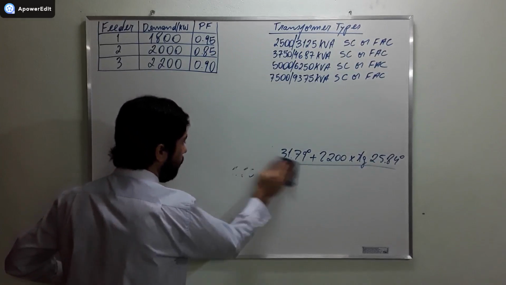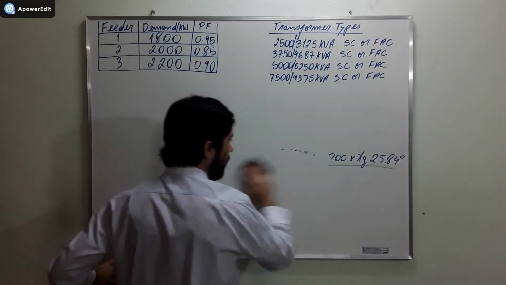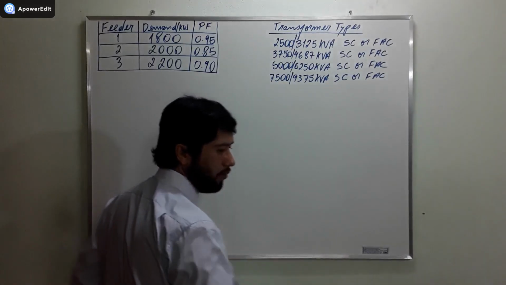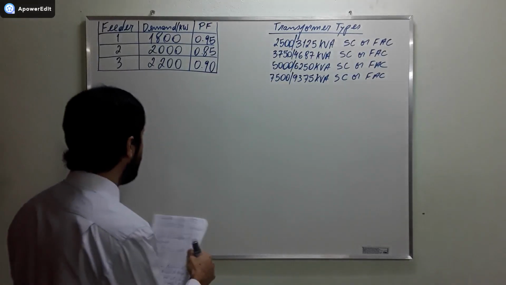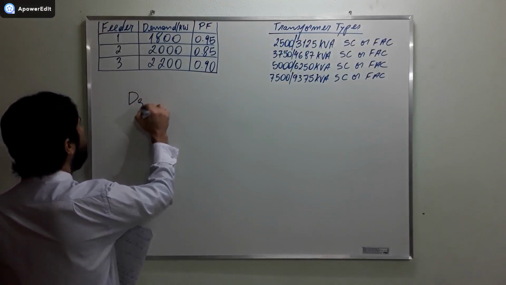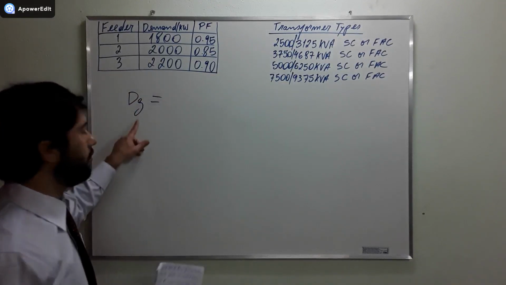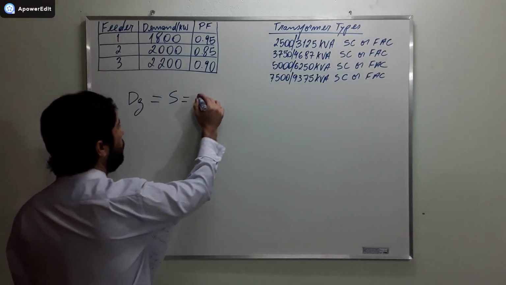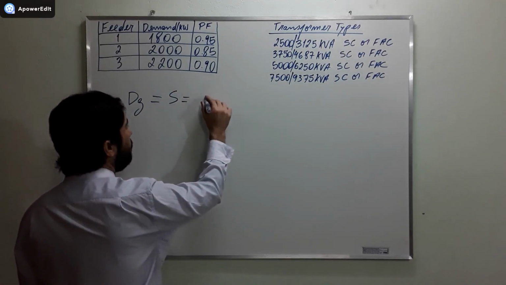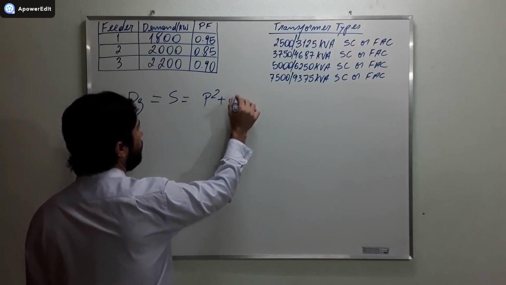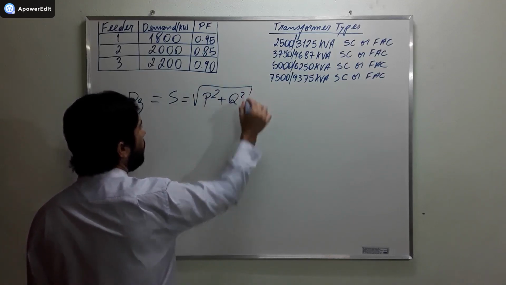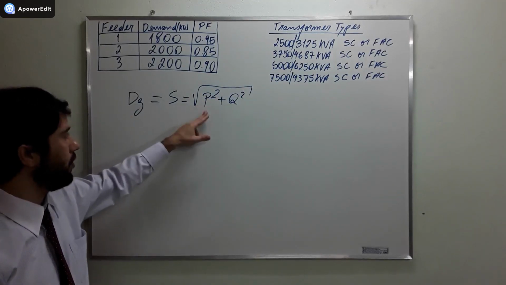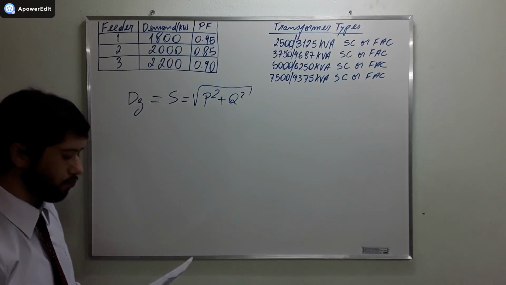It's going to be important for your learning to try to practice. Do it yourself, try to practice. Okay, so the diversified demand or the apparent power will be equal to the square root of P squared plus Q squared.